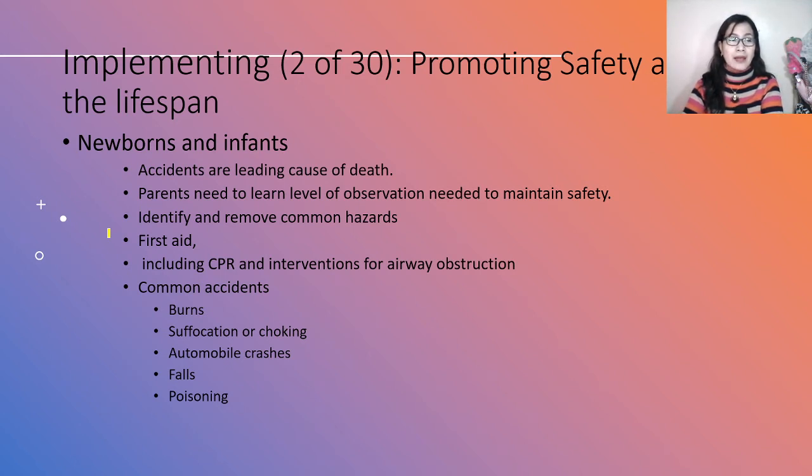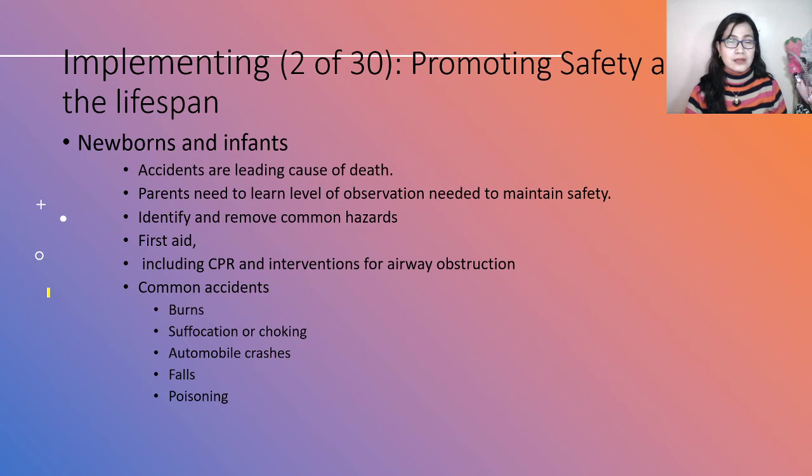So, teach the parents or significant others how to conduct the simplest first aid, like CPR, or how to provide care in cases of airway obstruction in the infant. Common accidents include burns, suffocation or choking, especially when the mother is breastfeeding.